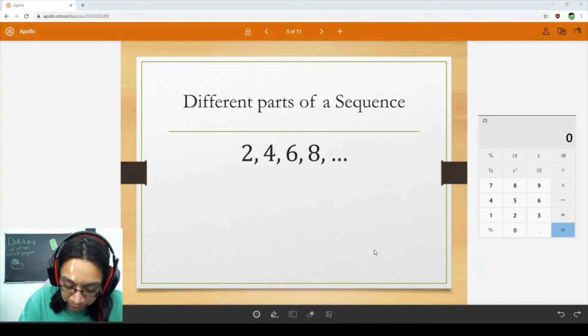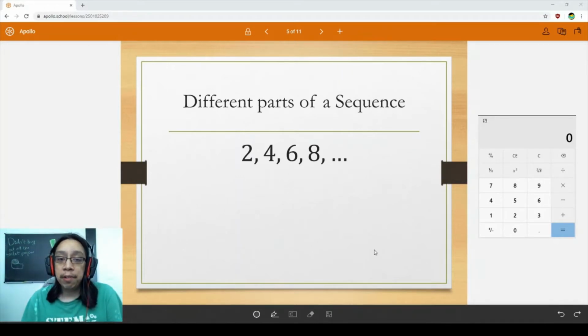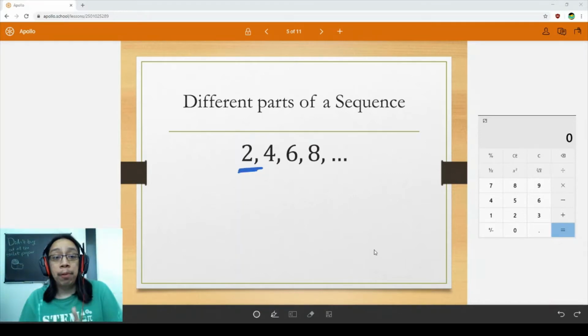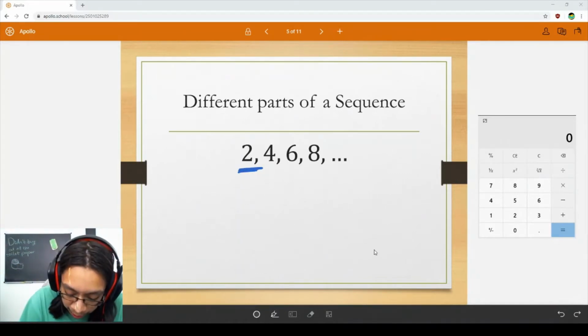So, for example, look at the list we have right now on the screen. It's 2, 4, 6, 8, and then I put the 3 dots. It's going to go on forever. The number 2 here is the first number in your list. So we say that the number 2 is the first term.